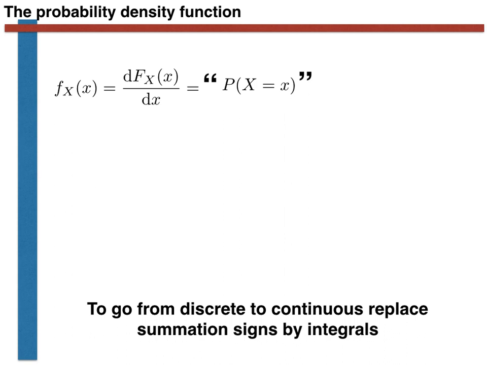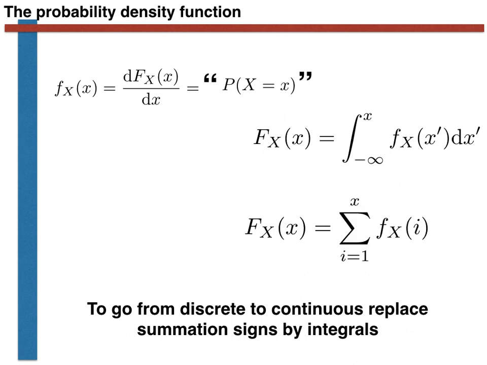There is good reason for writing this though. As we have just seen, we can recover the cumulative probability distribution function from the probability density function, the derivative of the cumulative probability, by taking the following integral. This looks rather similar to the way that we recover the cumulative probability function from a probability mass function, when we had a random variable that could only take on discrete integer values.